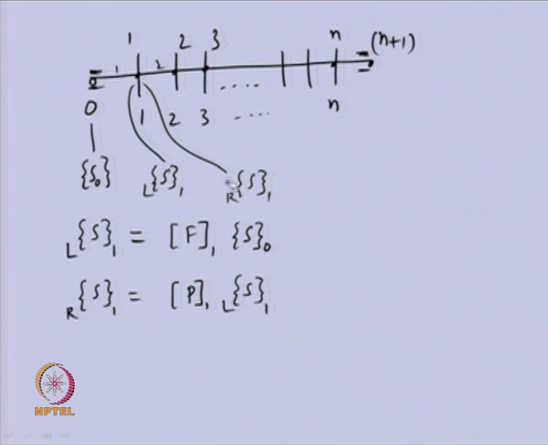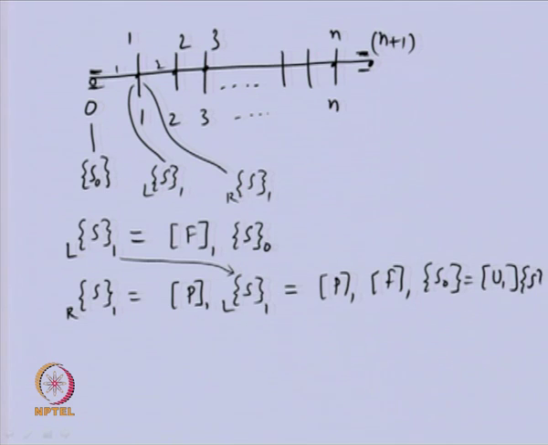If we want the state vector on the right side of the disk, we need to multiply the point matrix with the state vector on the left side. Now, you can see that this equation we can write as P1, and this can be substituted here. So, we will get P1 into F1 S naught, and we represent this as a transfer matrix U1 of S naught.